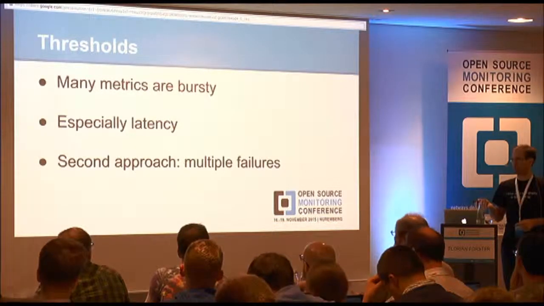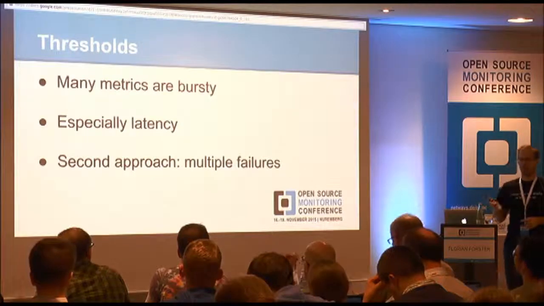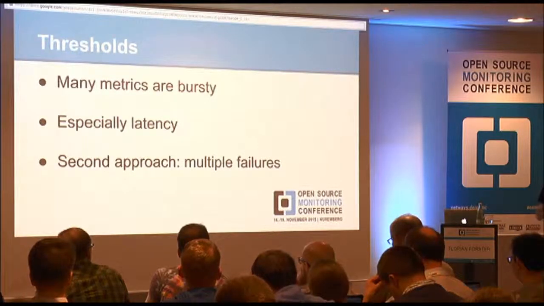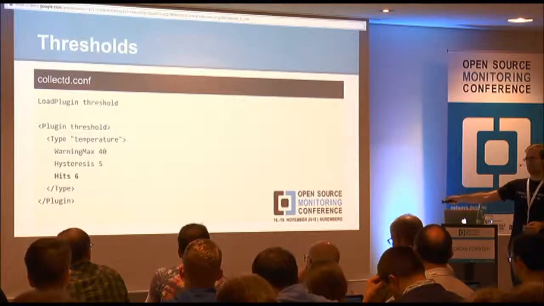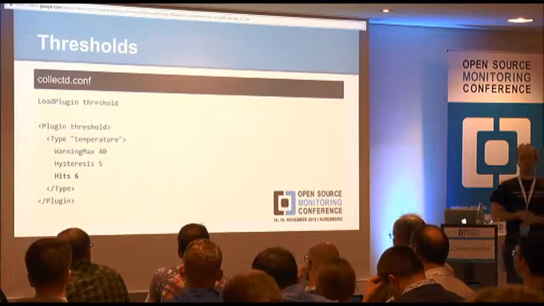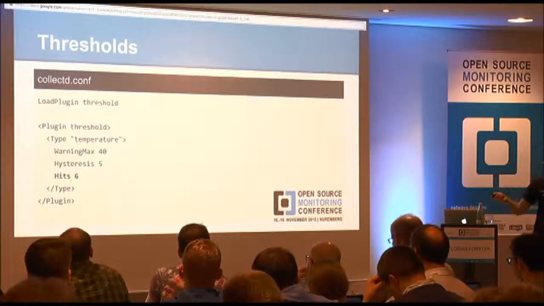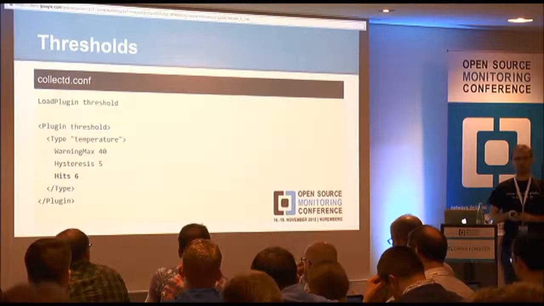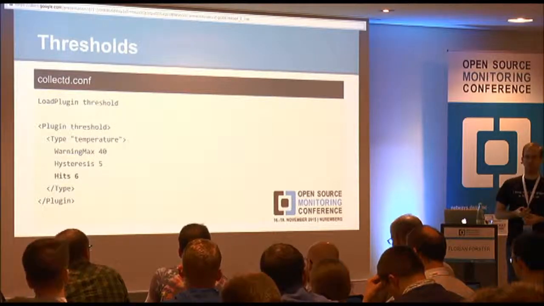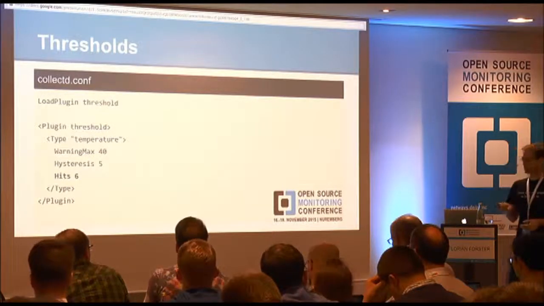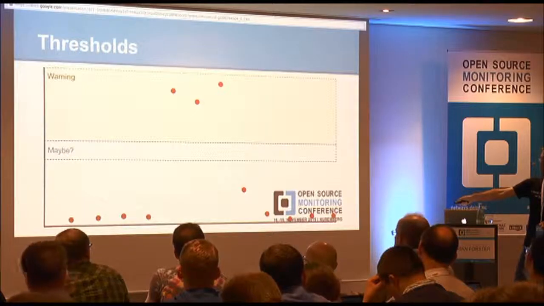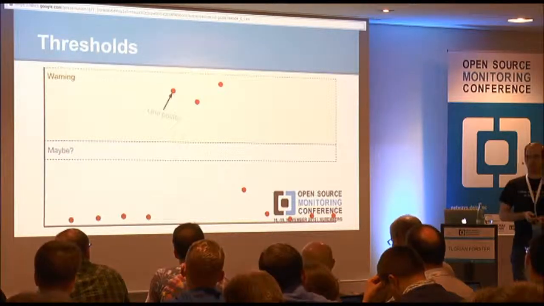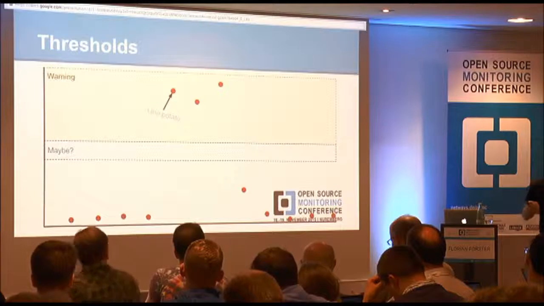So the second approach we implemented is that it will only trigger a notification if the same state happens multiple times in a row. The configuration option, not the best name in the world, is called hits. So in this case, if it's a warning 6 times in a row, then we will actually send a warning. The way this works is everything's fine down here, and then we get the first outlier up here, and essentially it starts counting.